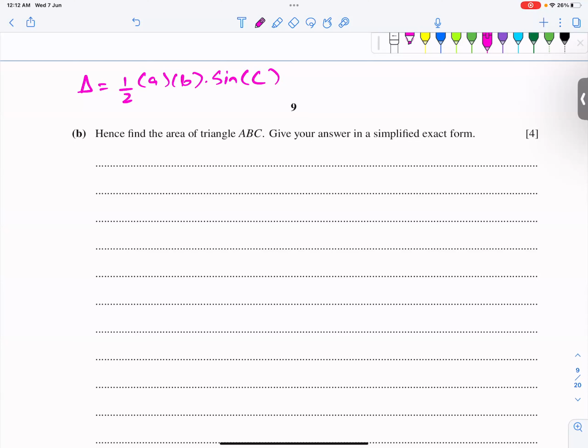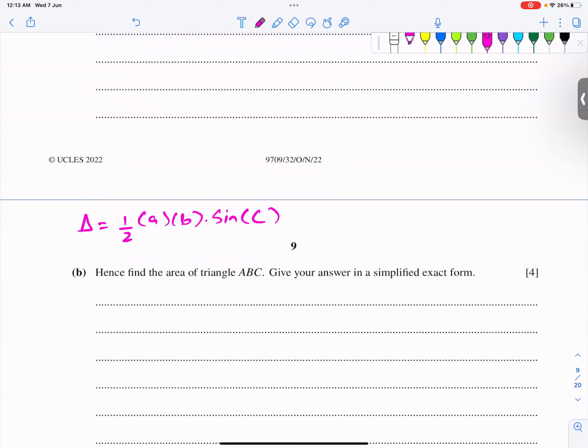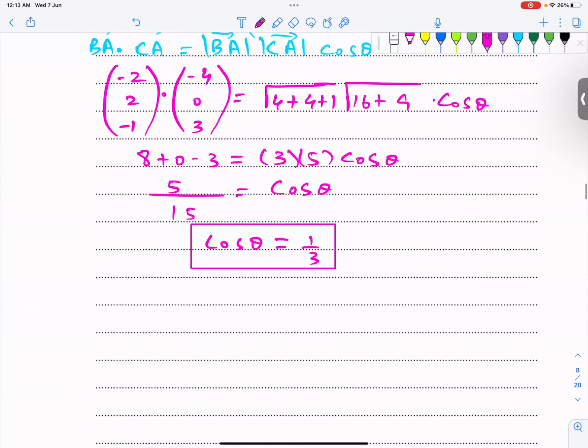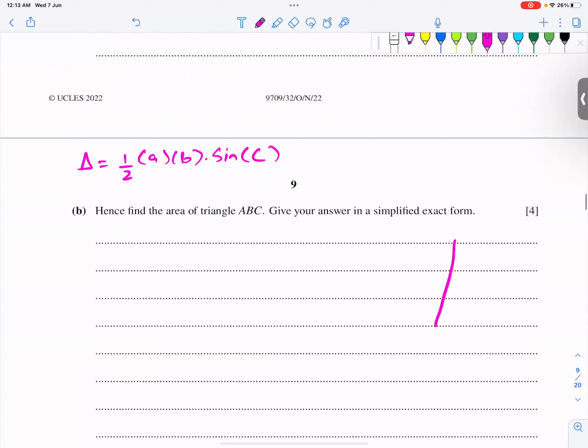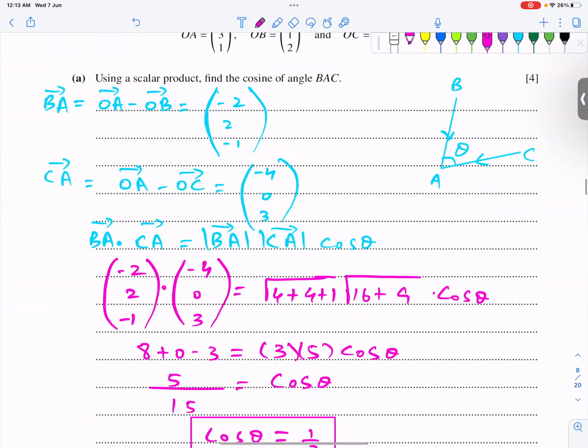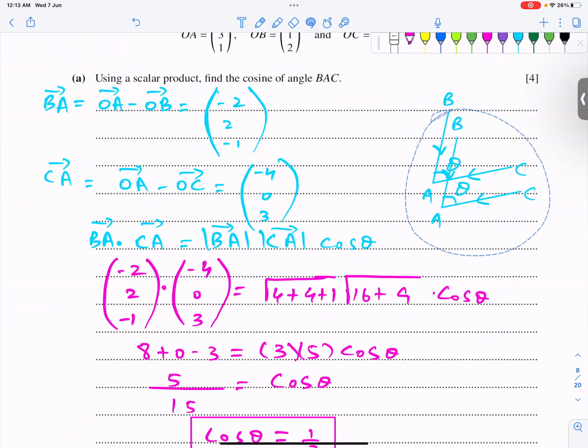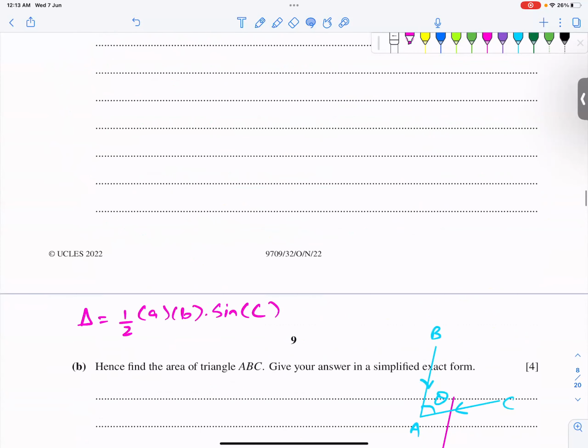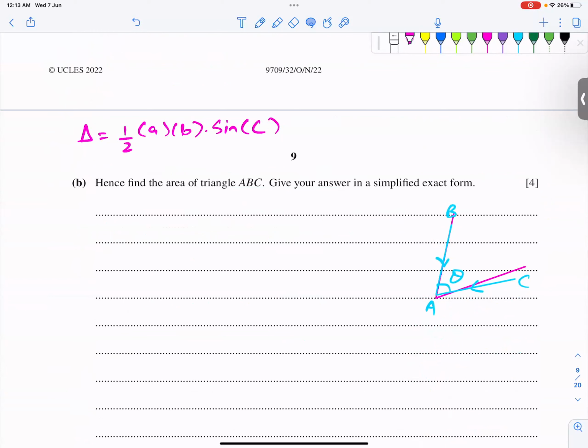So now we have already the angle. Here we have the diagram, and cos theta is equal to 1 over 3.